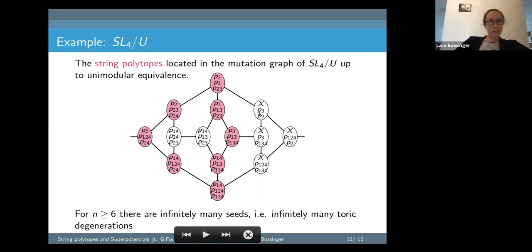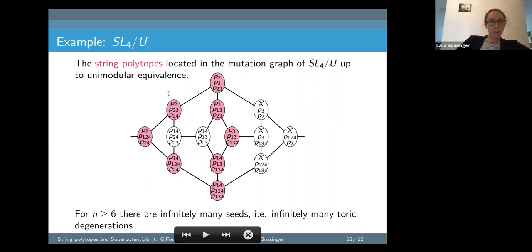And I do that in such a way that in the coordinate system, I always just replace one coordinate by another. So for example, passing from this bubble on the top that contains the Plücker coordinates P2, P3, and P23 to this bubble, I replace the cluster variable, or coordinate, P23 by the coordinate x.